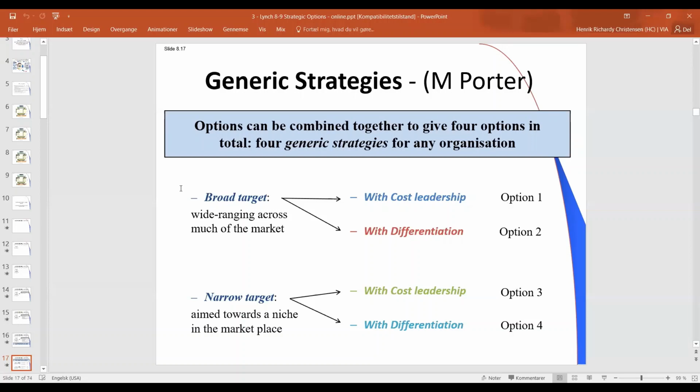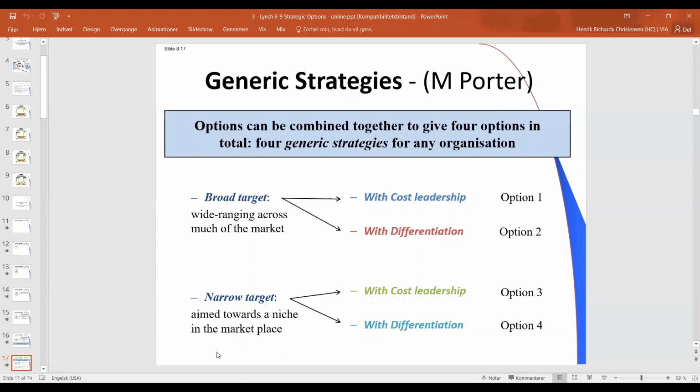And this is the idea about developing these strategies in a systematic way. So what Porter found was that you can go for a broad target with cost leadership or with differentiation. Or you could go with a narrow target with cost leadership or with differentiation.